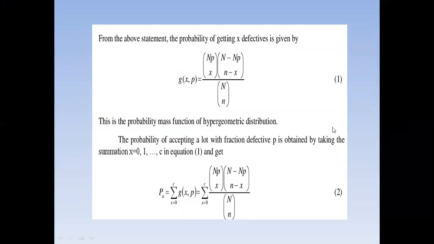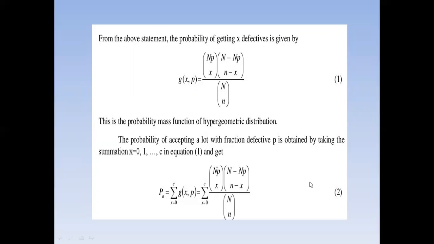From the above statement, the probability of getting X defectives is given by g of X comma P is equal to NP C X times N minus NP C n minus X, divided by N C n. This is the probability mass function of the hypergeometric distribution.